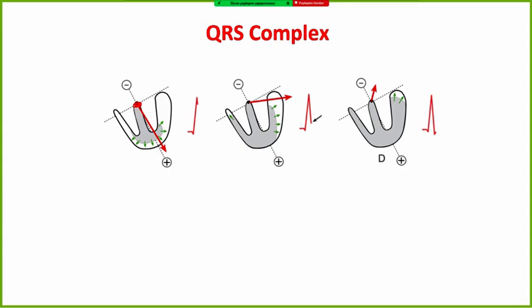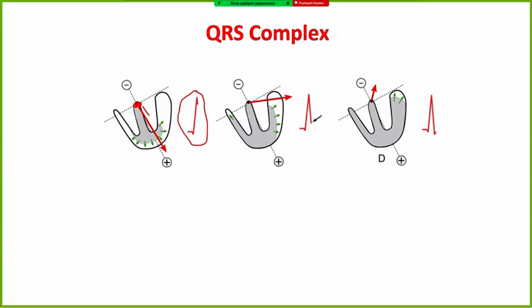This causes the net vector of this electrical activity to change rapidly. Therefore, the direction of the first part of the depolarization is towards the positive electrode, so we see a positive R wave.